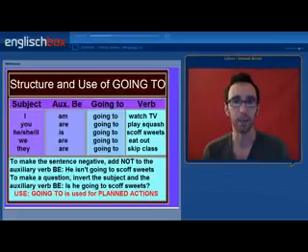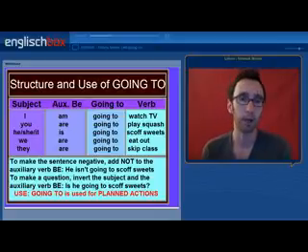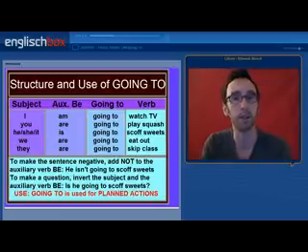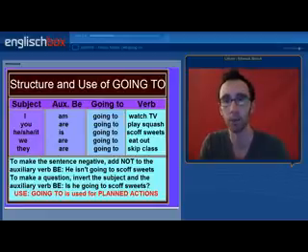So that's the structure, but when do we use going to? Well, we use going to for planned actions that are going to take place in the future. These are actions decided upon before the moment of speaking. So for example, if you were going to talk about your plans for this weekend, you would most likely use going to.